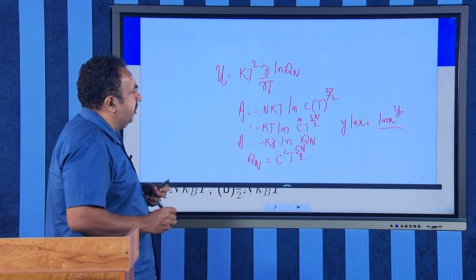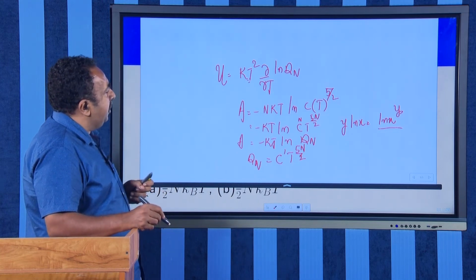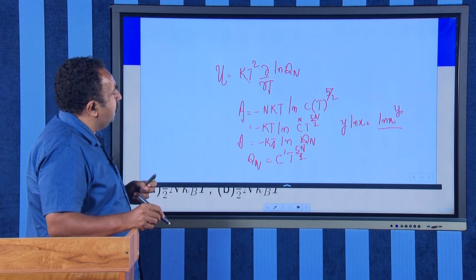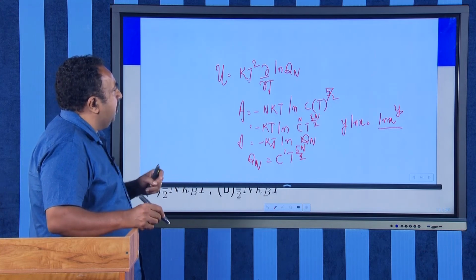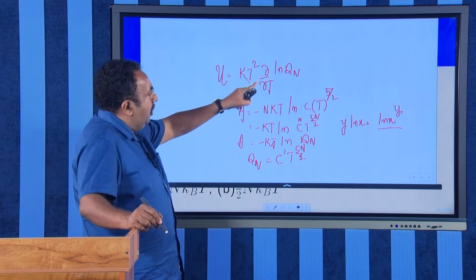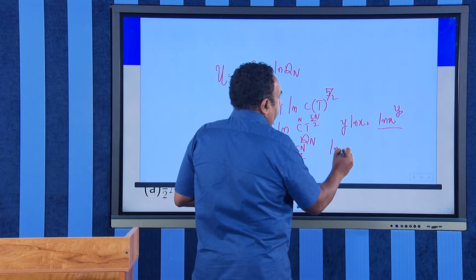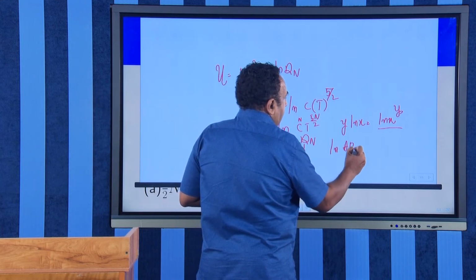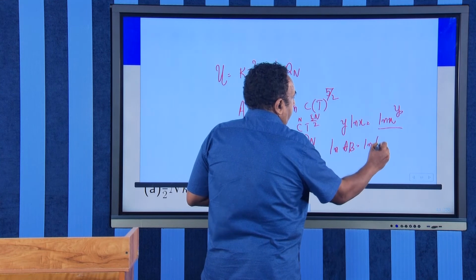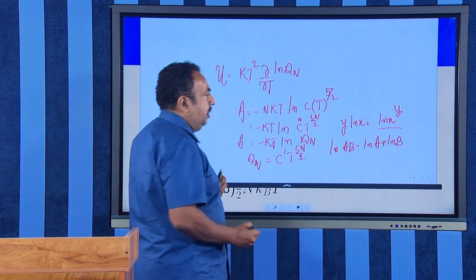Therefore, my partition function is nothing but C prime T raised to 5n by 2. That I can substitute here, and for the logarithm of ab, I can write it as log a plus log b.